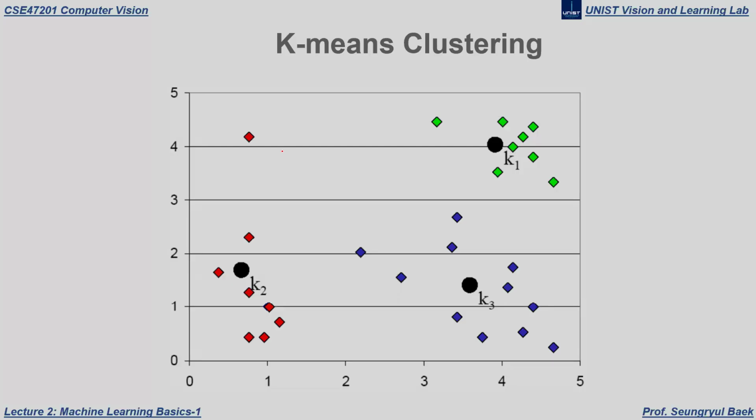Or if K1, K2, K3 do not change much, you can also stop the iteration. Those are the two popular termination conditions for k-means clustering. Are you guys following this?